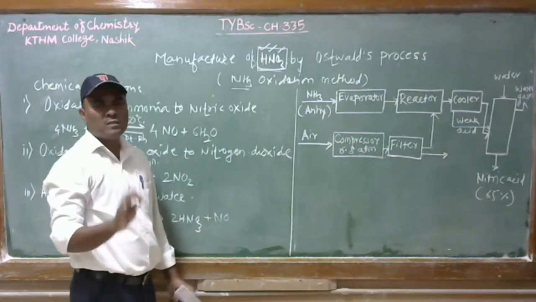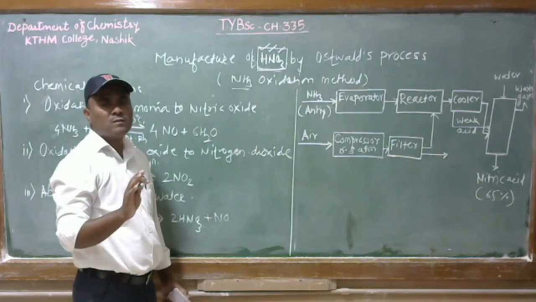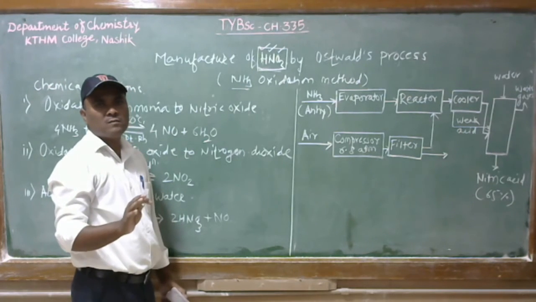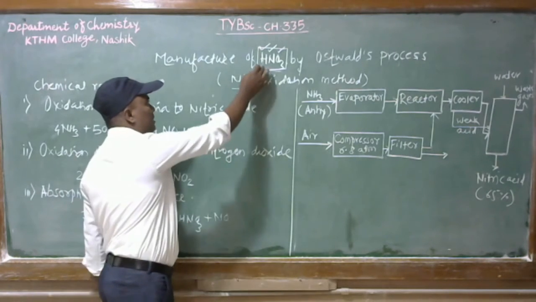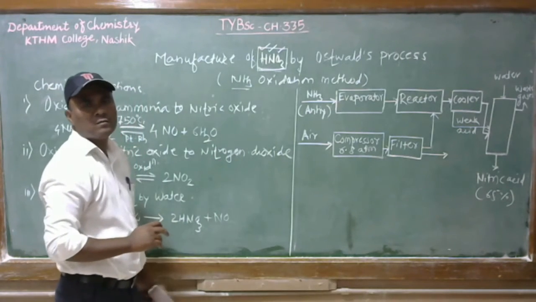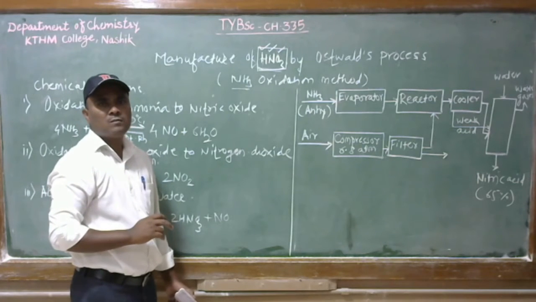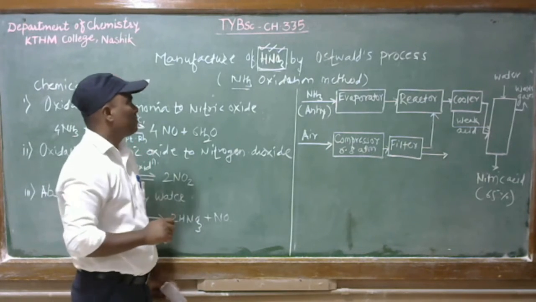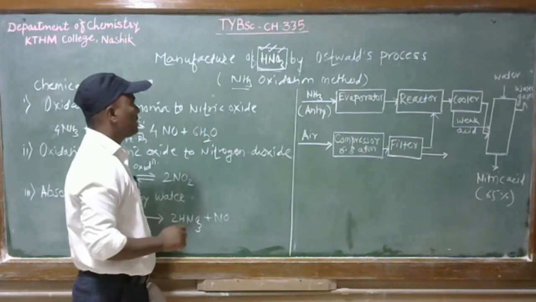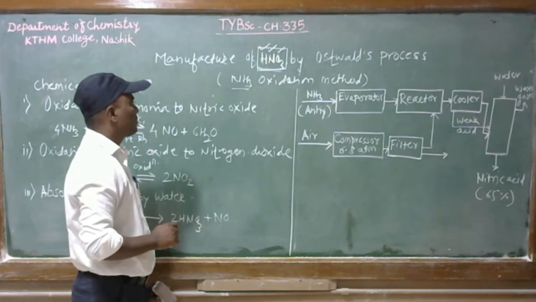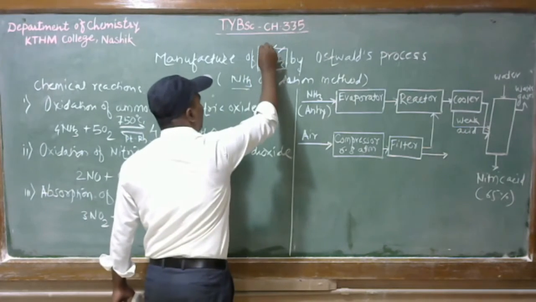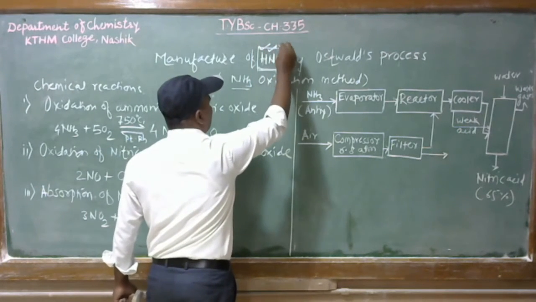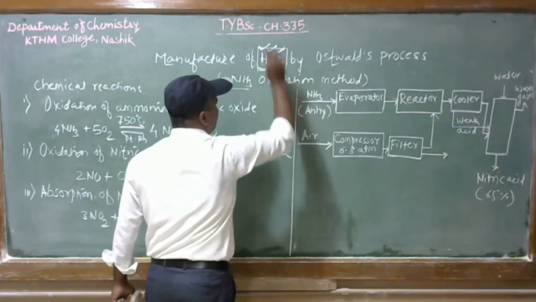So one can simply imagine that this many starting materials are needed for the manufacture of nitric acid by this method. So how to bring this hydrogen, this nitrogen, this oxygen?